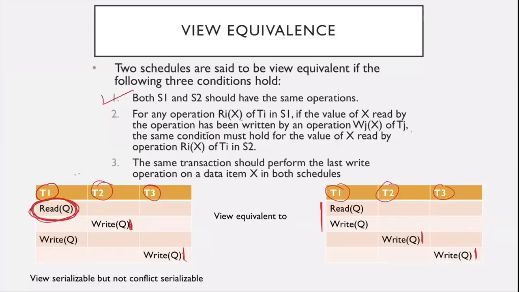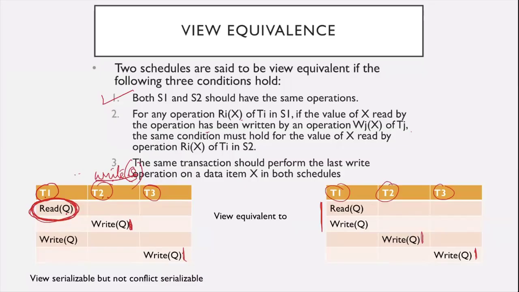So suppose there was a write Q out here. In that case, we can say that the value of Q read by T1 was written by this operation in transaction T2.